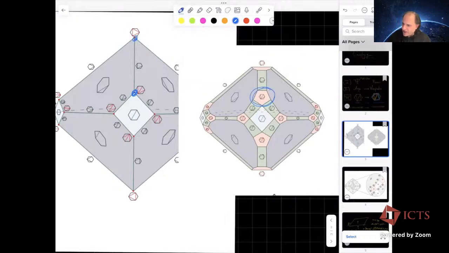This vertex up here has turned into this hexagon. And this edge here has turned into this little rectangle. So we have indeed blown everything up.